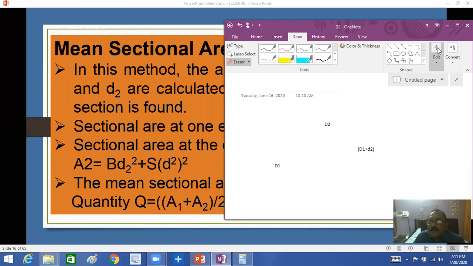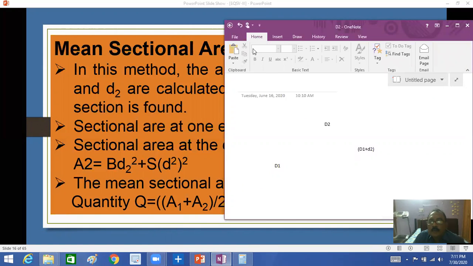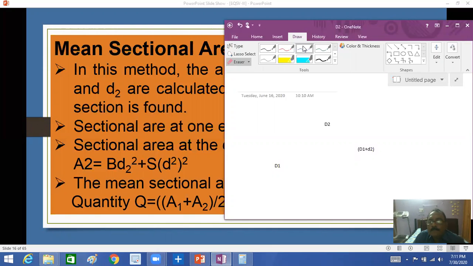See here, I will show this diagram. See, suppose here is one trapezoid, okay, right?